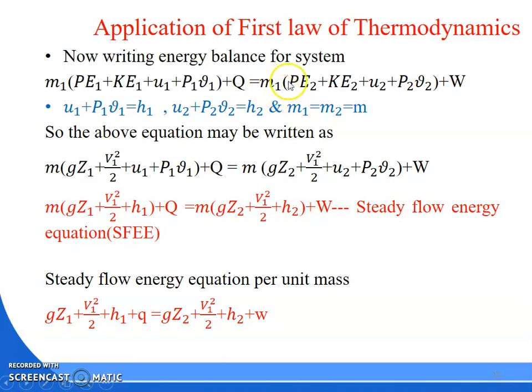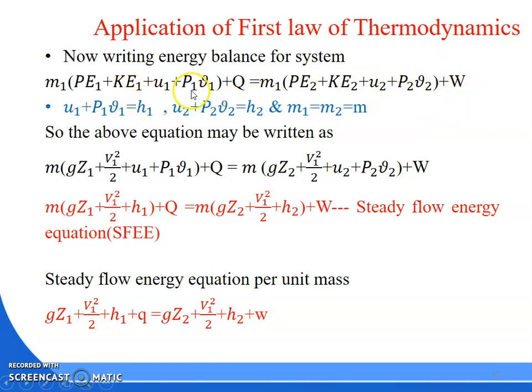M2 times potential energy at the outlet, kinetic energy at the outlet, internal energy at the outlet, and flow energy at the outlet. So this is the energy we are dealing with at the inlet, and this is the energy at the outlet. Heat will be given to the system, and that work you get.